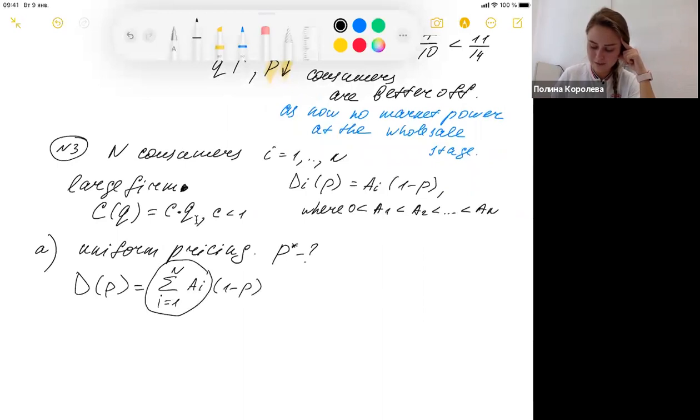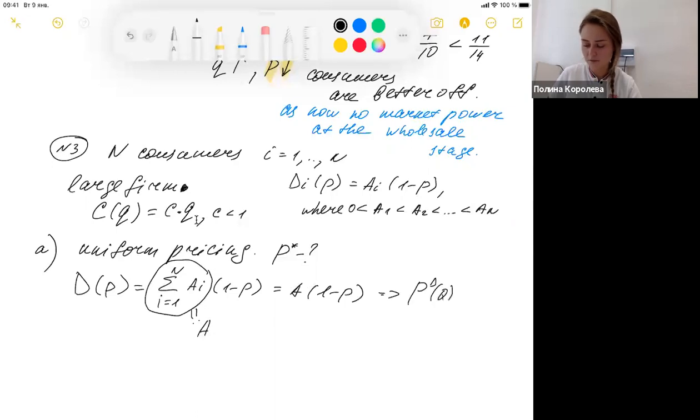Let's name this sum of a_i's A, without index. So this will be A multiplied by (1 minus price). From here we find the inverse demand function. This will be 1 minus Q divided by A.